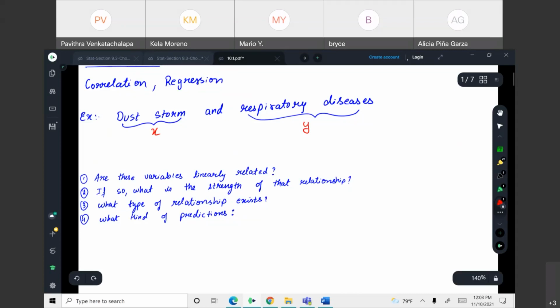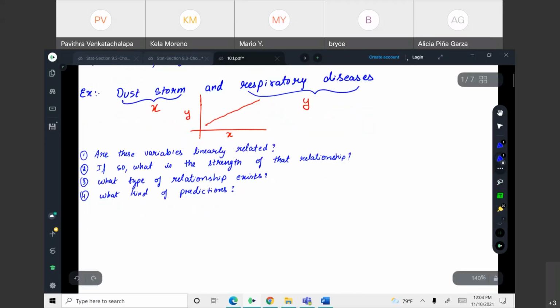So I have a plot x versus y. As the dust increases, according to my survey, the respiratory problems increase. So I will denote it by a straight line. If x increases, y also increases. Fine.